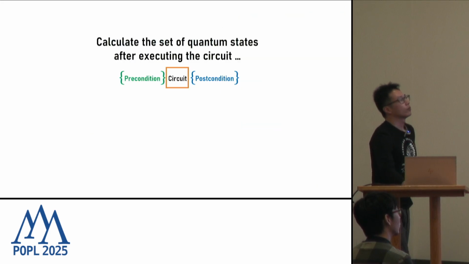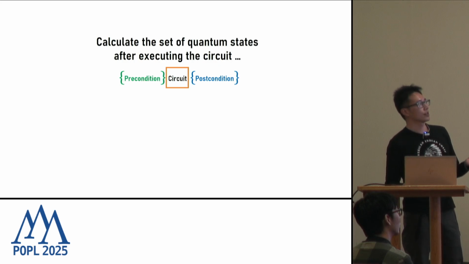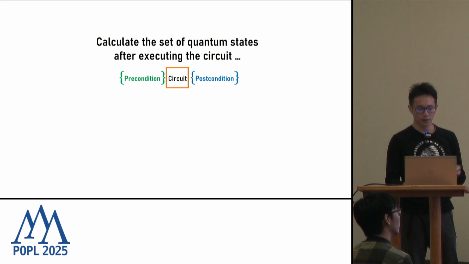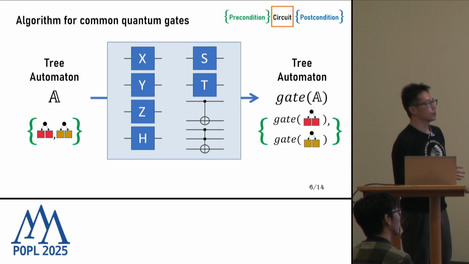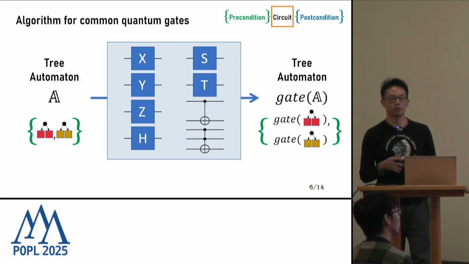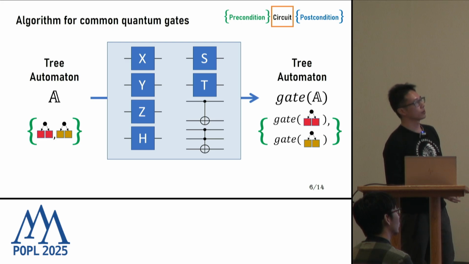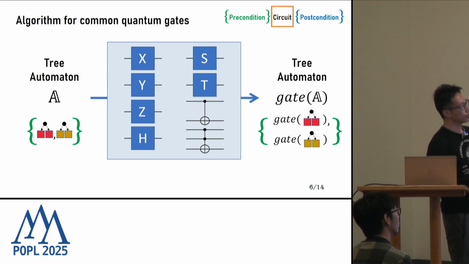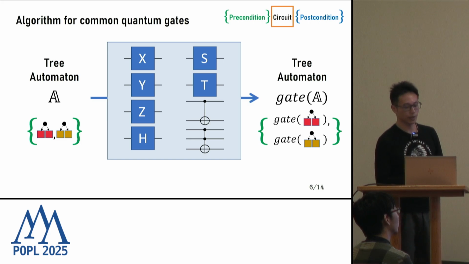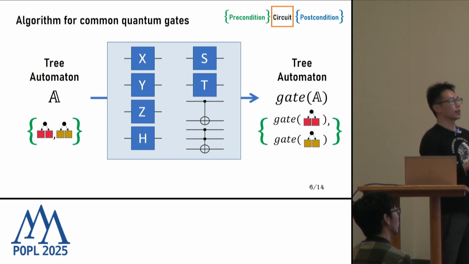Next, we want to calculate the set of quantum states after executing the circuit. Since executing the quantum circuit is actually sequentially applying all of the quantum gates, we design algorithms for all common quantum gates. Given a tree automaton A as input, the algorithm will construct a new tree automaton, gate of A, such that this automaton accepts all the quantum states after applying the corresponding quantum gate operation.